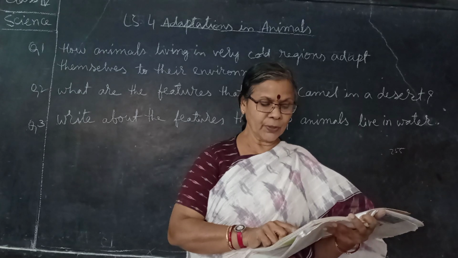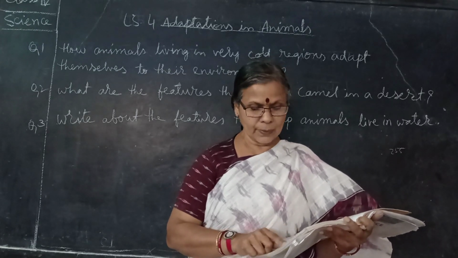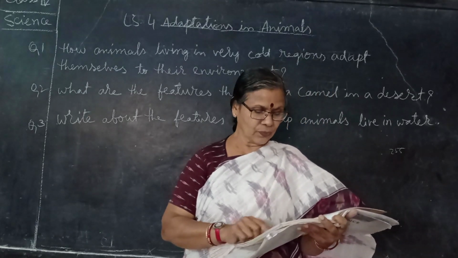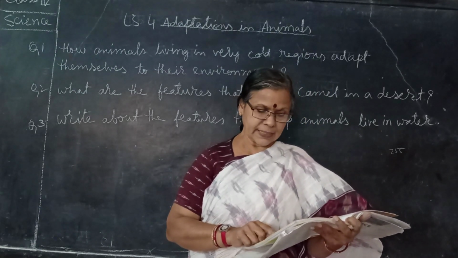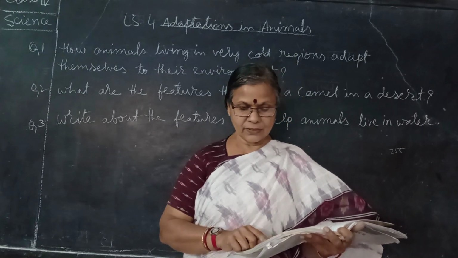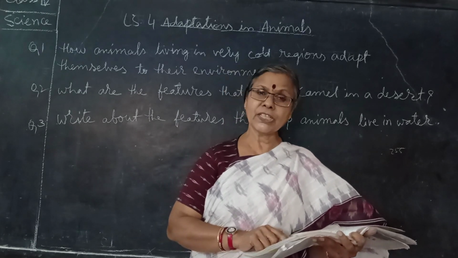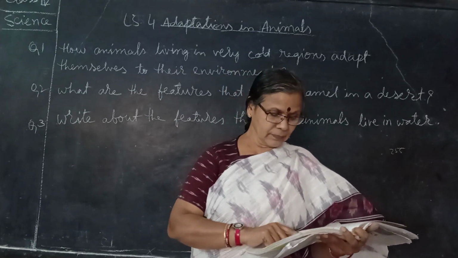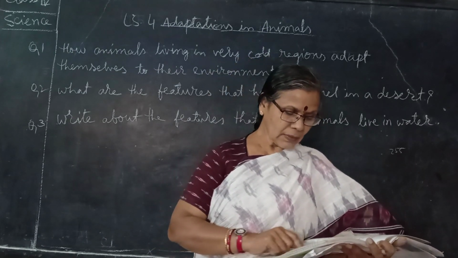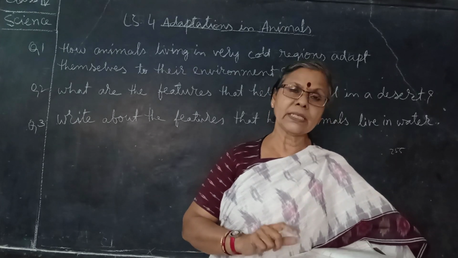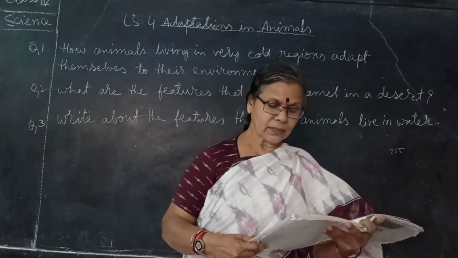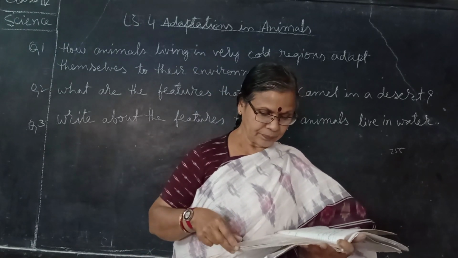They are herbivores, animals that eat only plants; carnivores, animals that eat flesh of other animals; omnivores, animals that eat both plants and animals; scavengers, animals that feed on the flesh of dead animals; parasites, animals that depend on other animals for their food. So these are the 5 groups as per their food habits.